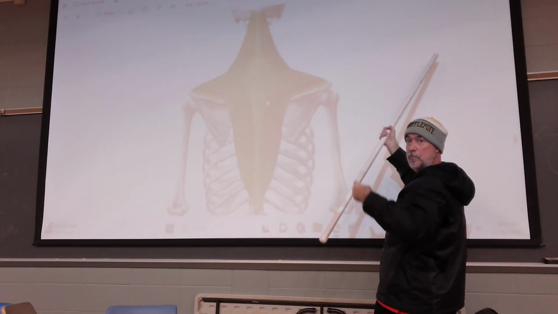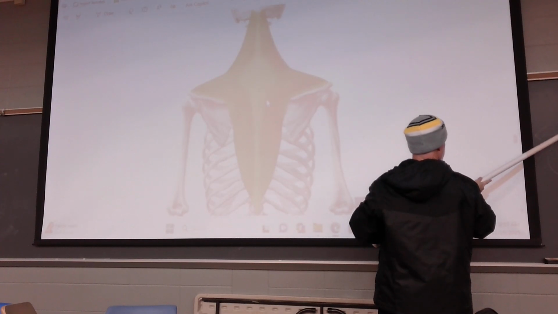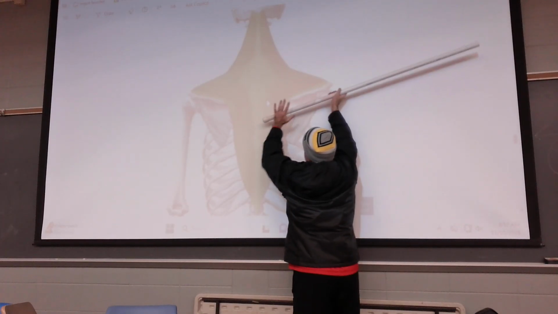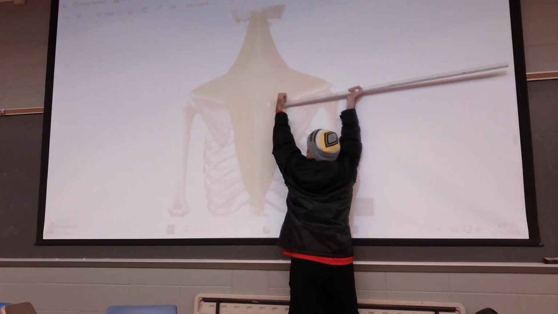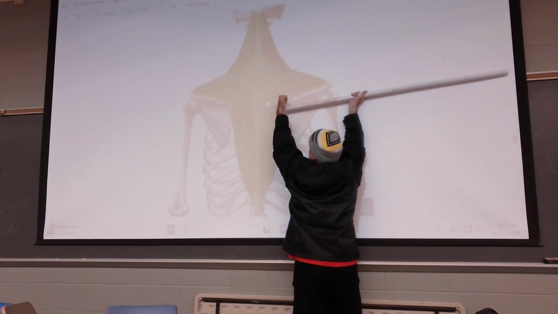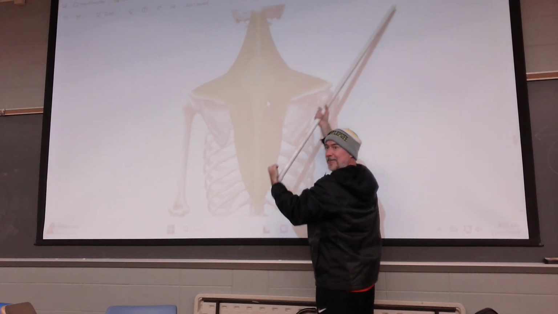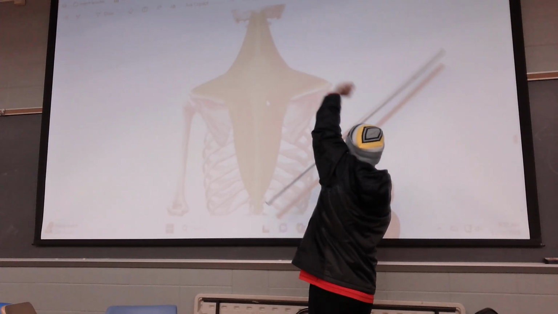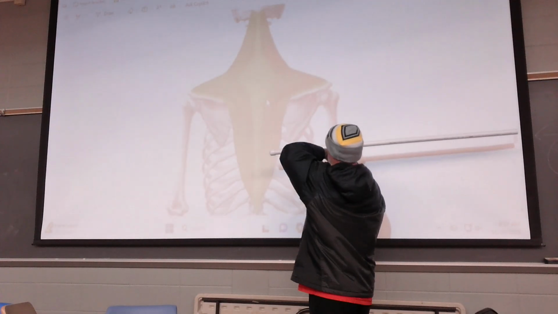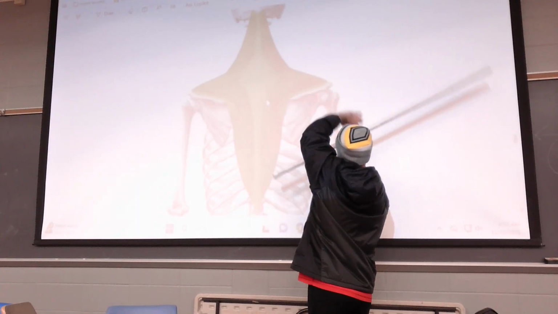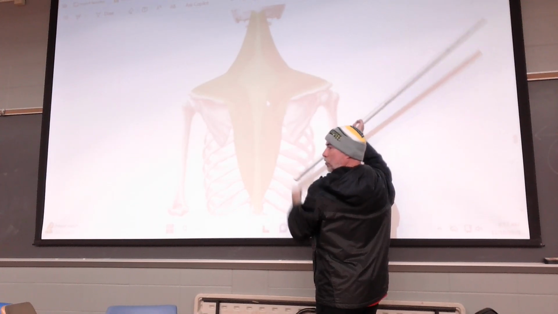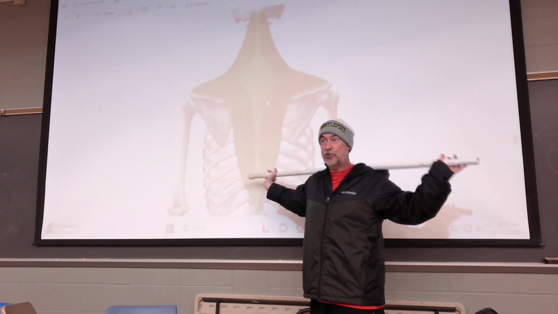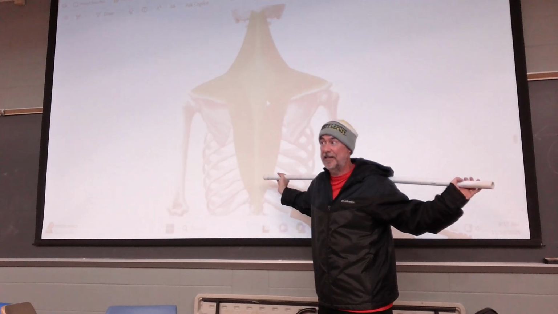So it's like having two people spinning the merry-go-round. And then the lower fibers on this end of the teeter-totter are trying to spin the scapula the exact same rotational way. The upper, the middle, and the lower are all trying to spin the merry-go-round in the same rotational direction, even though they have different linear pulls.